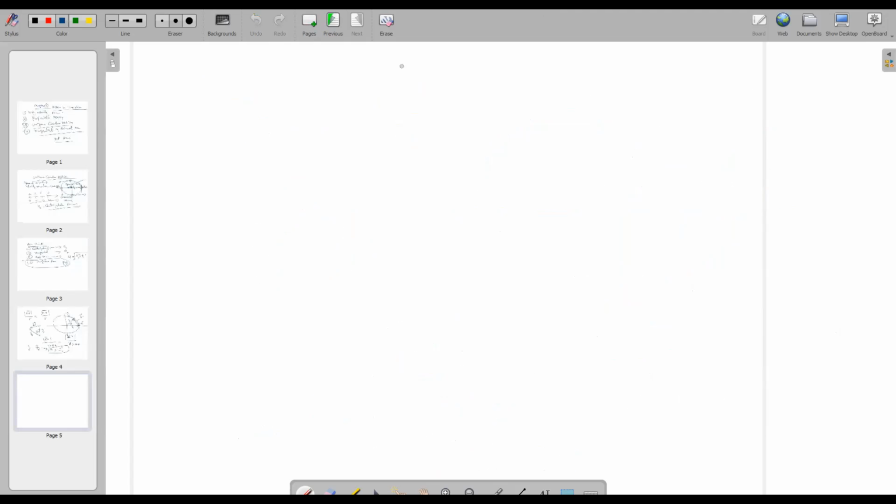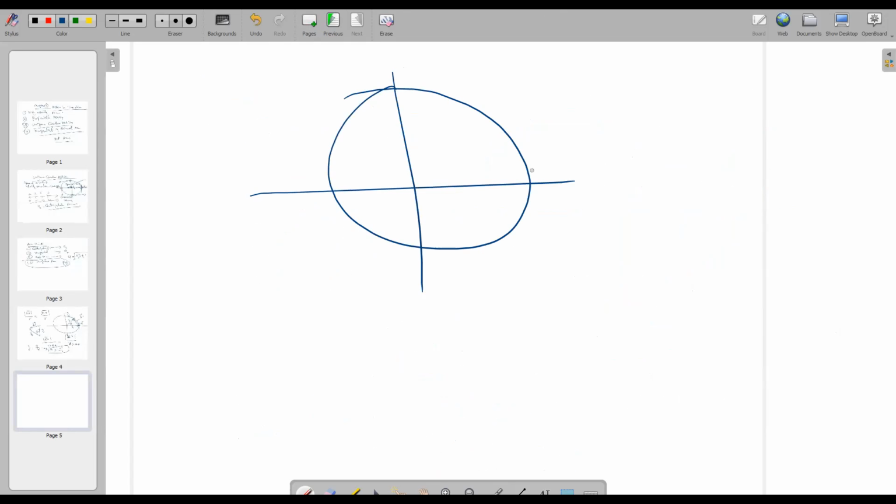So here only the direction is changing. Direction is changing, but the value of the speed is constant. If a body is starting from here and coming back to A, how much distance does it cover? It covers 2 pi r, and this is called the circumference.